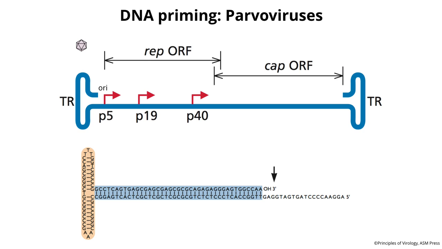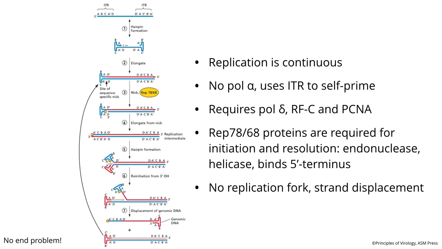So that's what the virus does. Now, this is done by cellular polymerases, right? The virus does not do this because it doesn't encode a polymerase. So now we have this kind of funny molecule in step 2 where we've made it mostly double-stranded. There's still a T structure at the left end, but that's not good enough to make a genome because we've already lost some sequence at the left end.